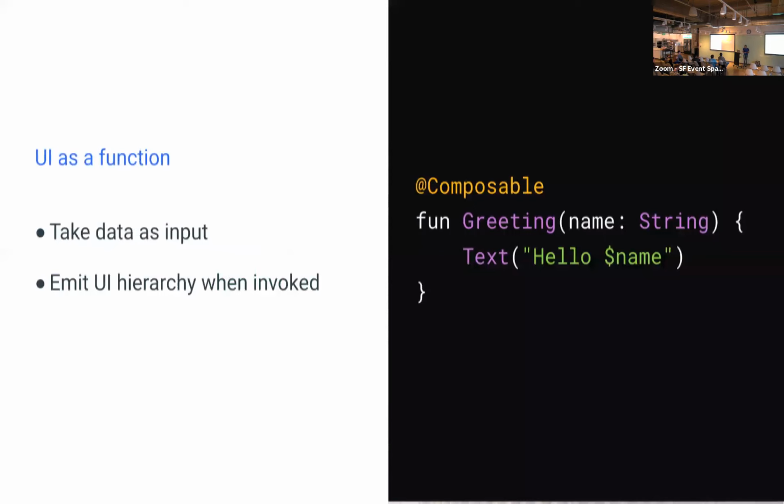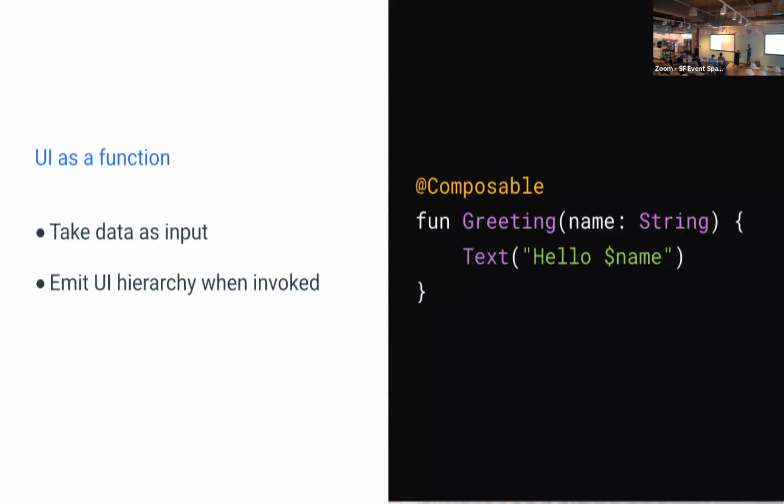So in order to do that, we have a new composable annotation, which will annotate your functions. By using the Kotlin plugin for Jetpack Compose, your functions will be tied to UI.